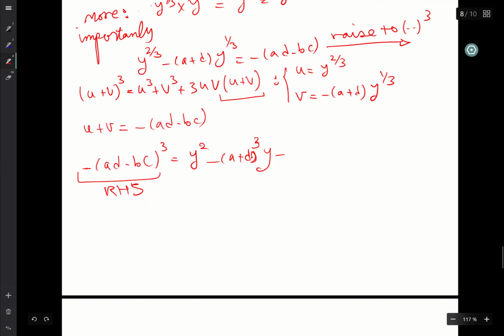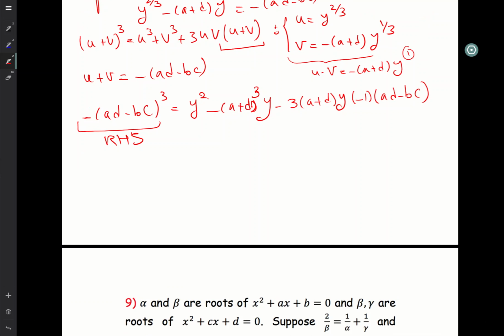Plus 3uv, 3 times u times v. But what is u times v? u times v is minus (a plus d) y. And that's very important to realize. Now we're getting a polynomial with the integer power. So minus 3 times u times v, (a plus d) y, times (u plus v). But what was u plus v? It was minus (ad minus bc), right?